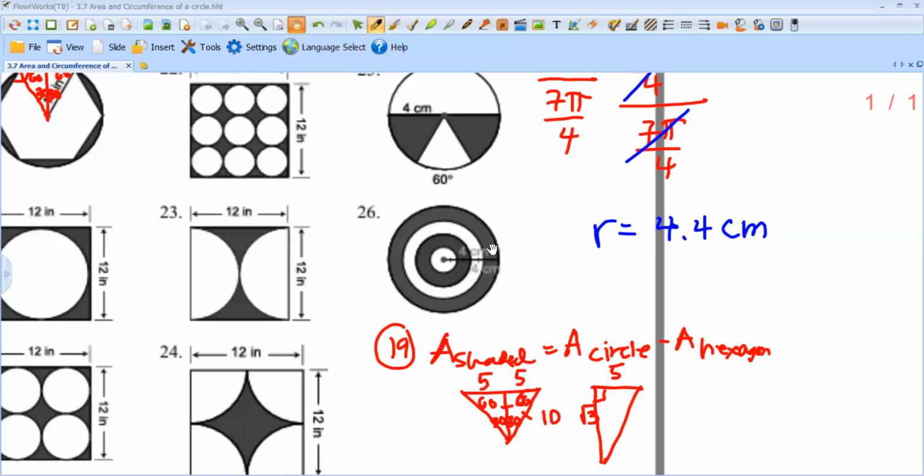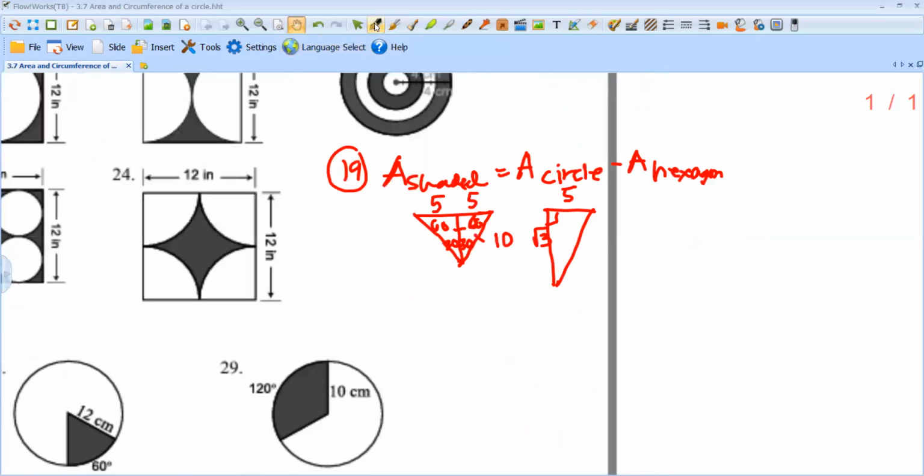All right. So we have the area of the triangle, which is half of base and height, multiplied by 6 because we have 6 triangles in a hexagon. And the area of the circle is pi r squared. So pi r squared minus half of base times height times 6, which can be divided by 2, so this is 3bh.